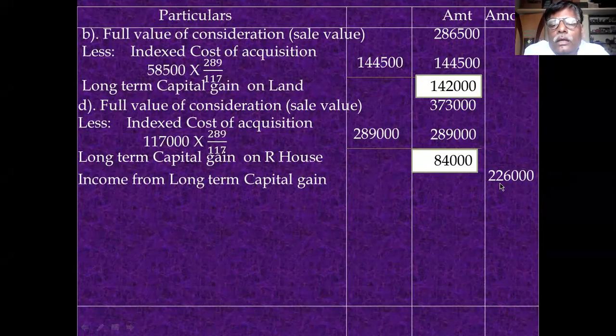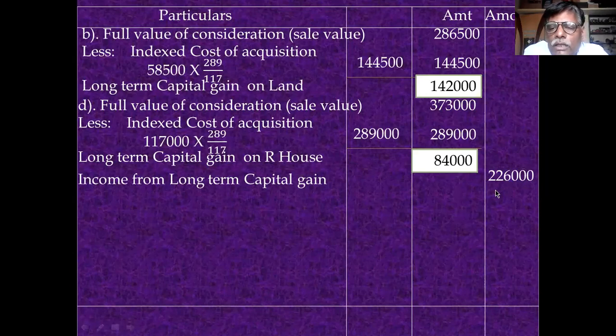Then the ultimate result is called long-term capital gain. If this total is minus, then you carry forward this loss to next year. Remember this point. If this is a plus, this is a profit, and it comes for calculation of income tax.